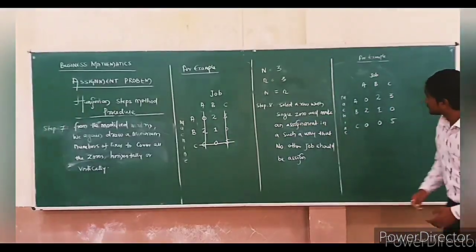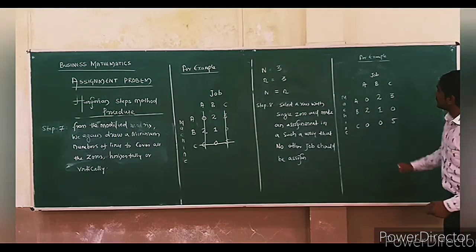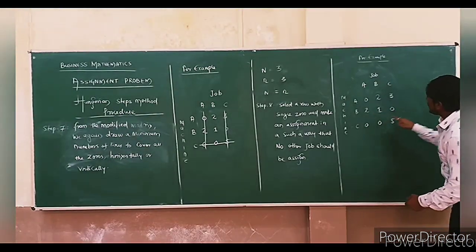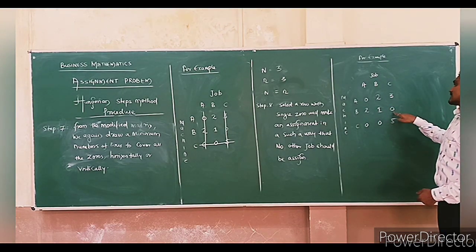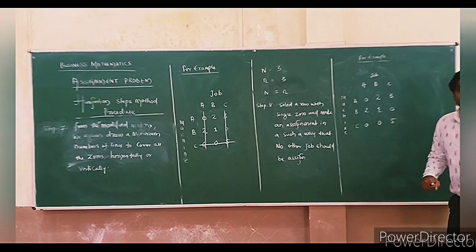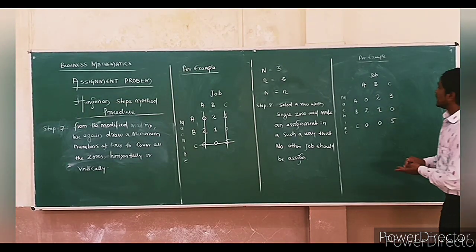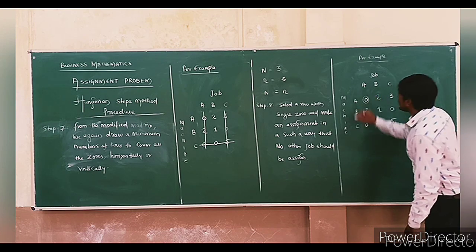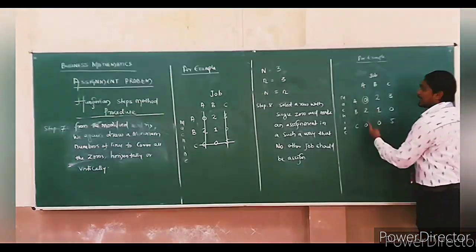So let me explain to you. First of all, we select a row with a single 0. There are 3 rows and I will find a single 0 here. Here also I have got a single 0, but here there are 2 zeros. But first preference goes to the first row, and I'll make the assignment and check the right side, left side, above and below.